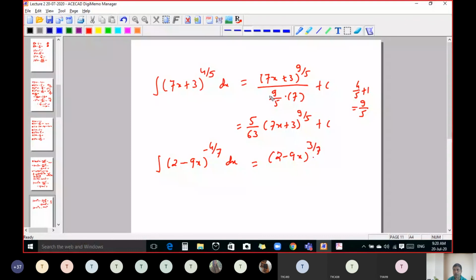If we take 7 LCM, we get minus 4 plus 7, that is 3. 3 by 7 upon 3 by 7 into coefficient of x. And here coefficient of x is what? Minus 9. Don't multiply by 2. The coefficient of x is minus 9. So multiply this by minus 9 plus c. And if we simplify, we get 9 3s are 27, but it is minus, so minus 27 divided by 7. Taking 7 in numerator, we get minus 7 divided by 27 into (2 minus 9x) raised to 3 by 7 plus c.